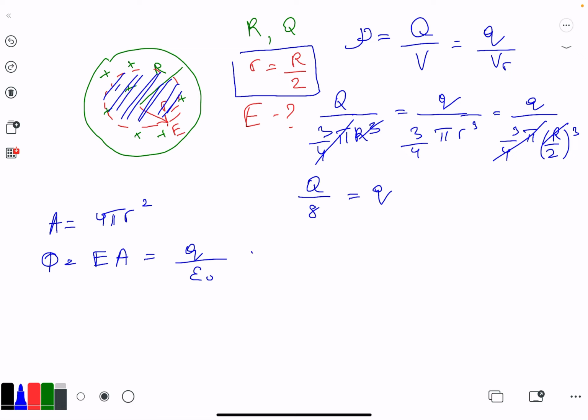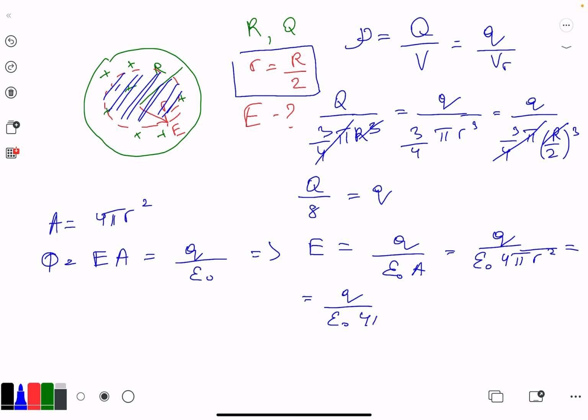So from here we have to find the electric field, which is q over epsilon naught times area. Now the area is obviously equal to 4 pi r squared, and since we know that small r is equal to half of the capital R, it is q over epsilon naught 4 pi (R over 2) squared.